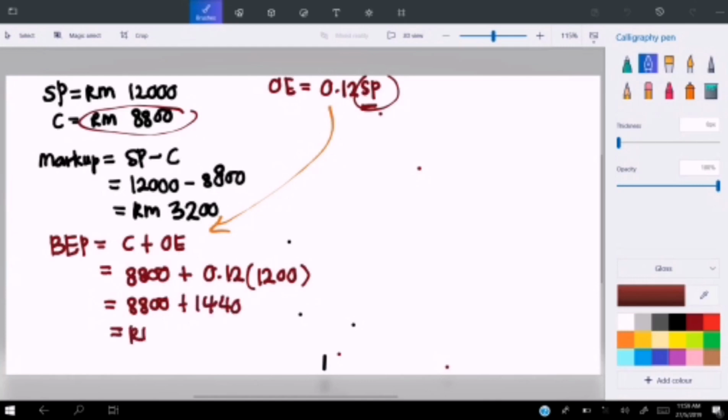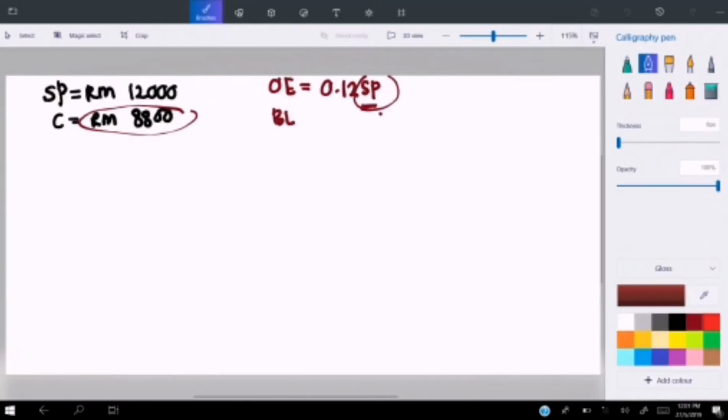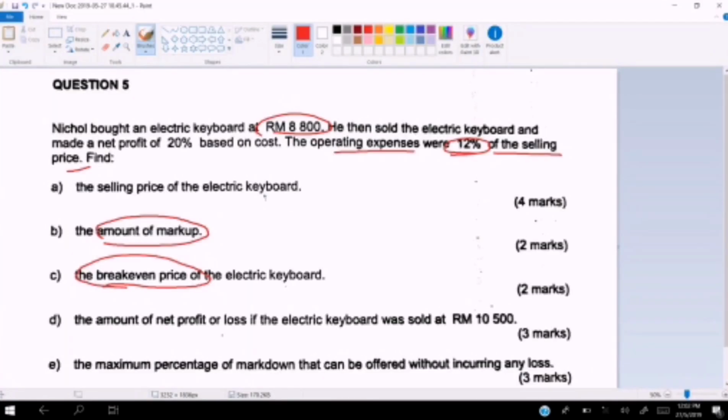So we add them up together, so we'll get RM 8,800 plus 1,440, so we'll get RM 10,240. So this is the break-even price.